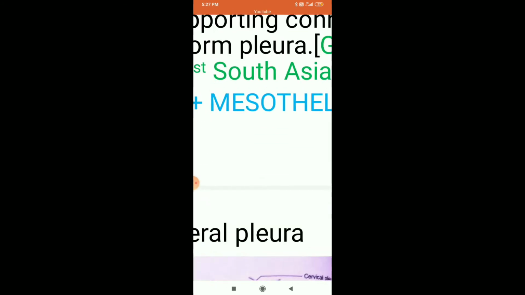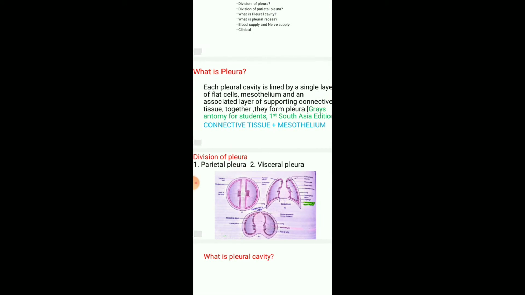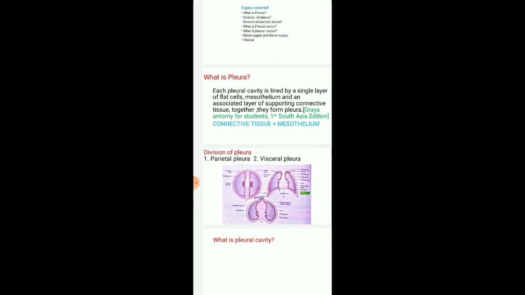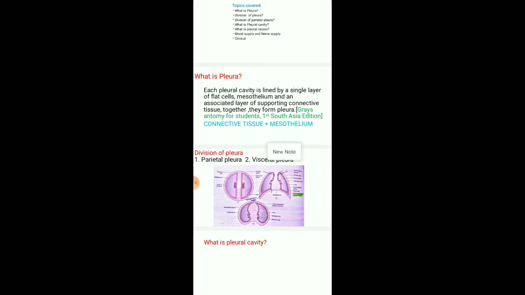Now, let us see what we mean by pleura. We see that most of the organs in our body are covered by a layer of connective tissue cells for their protection and fixation in their own place.